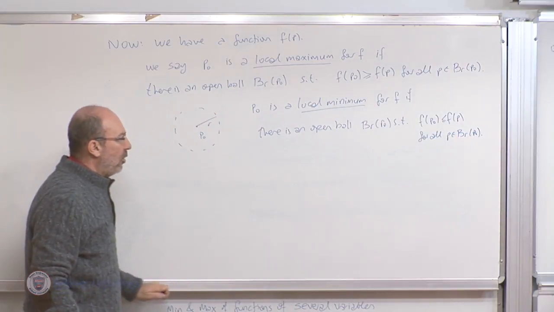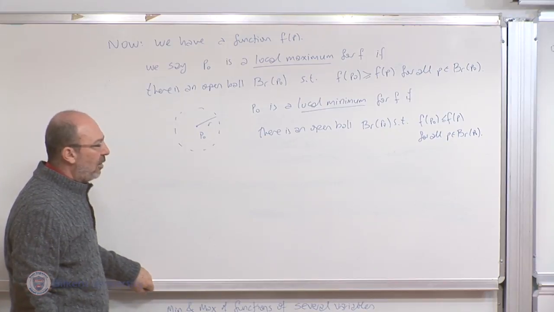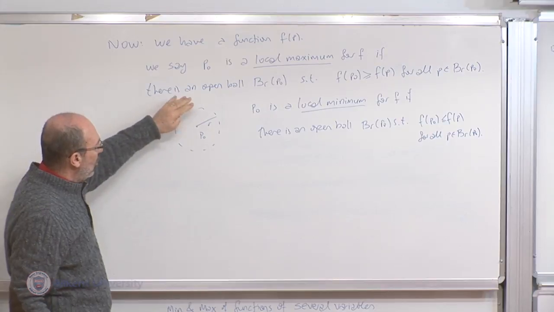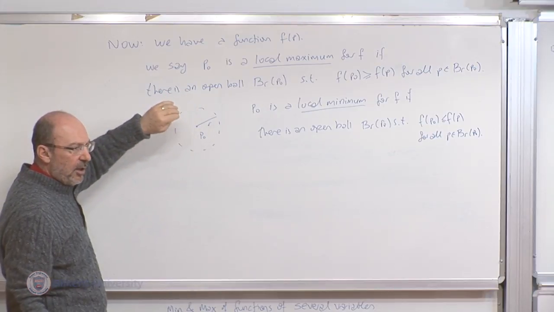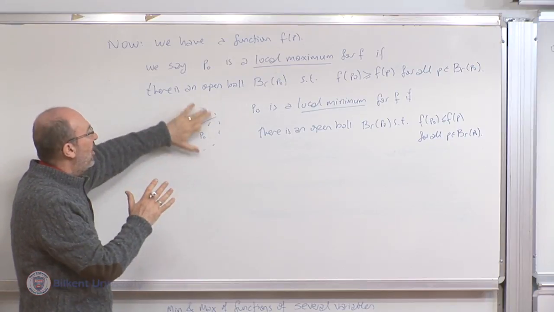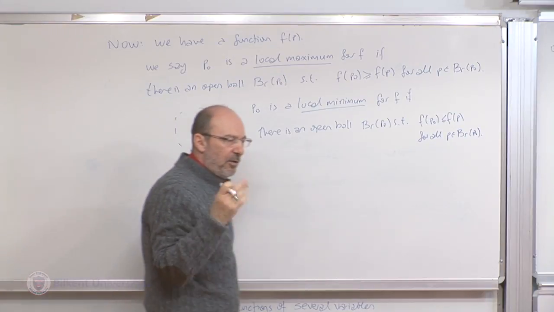Our techniques will tell us how to catch these things. But just imagine the picture here. On top of this, there is a surface. If this is the peak, the tangent plane there will be parallel to this surface, just like in the one-dimensional case.